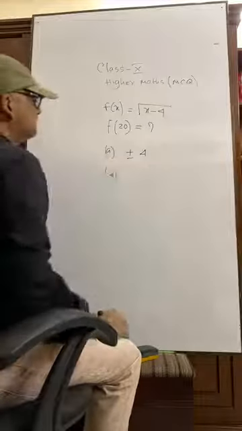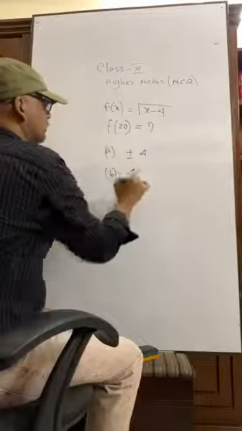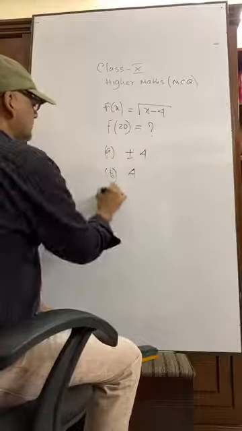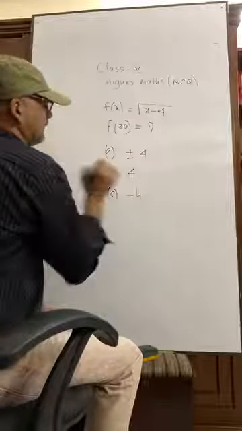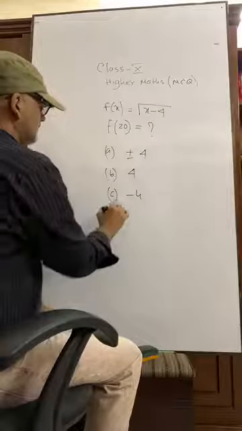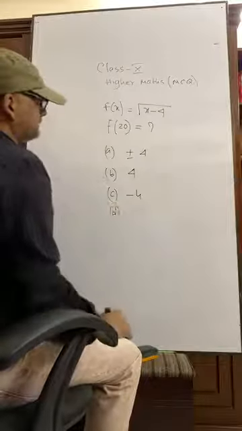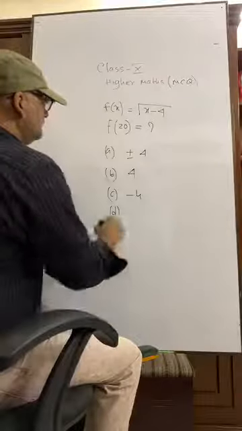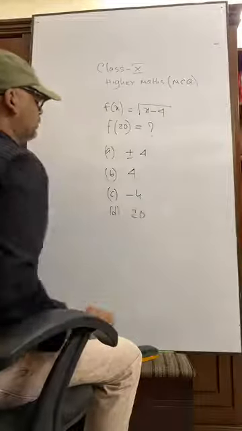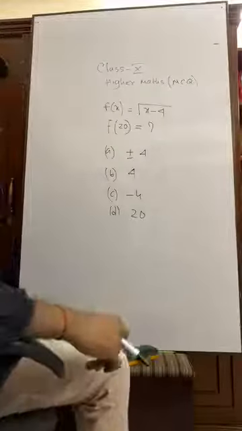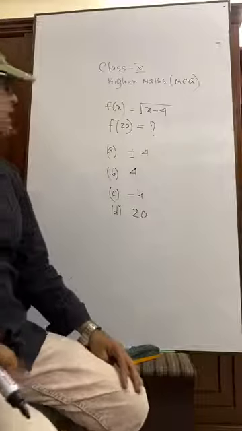Number B, 4. Number C, minus 4. And number D, 20. What is the answer? Write me.